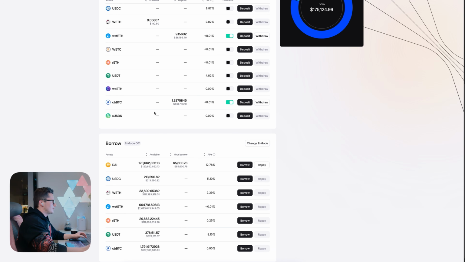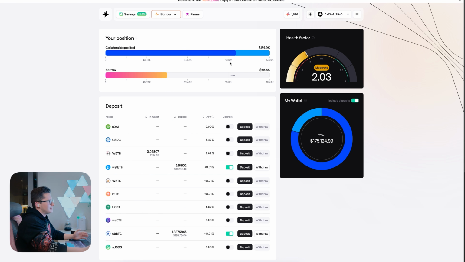I would love to show you a real example here. That's how I actually bought my car. Here was $120,000 and I borrowed 60K in stablecoins. So right now I have 174K and 65K debt.